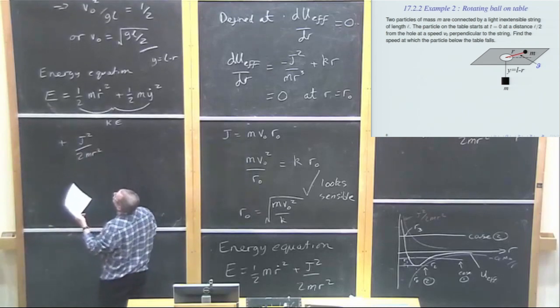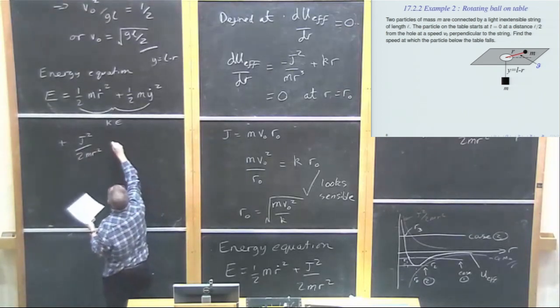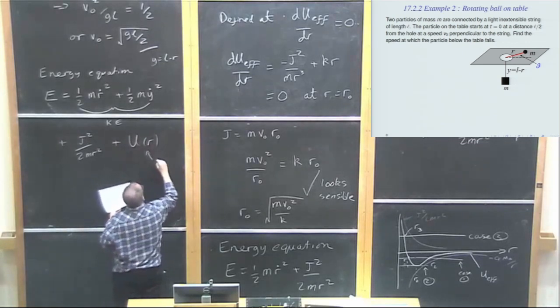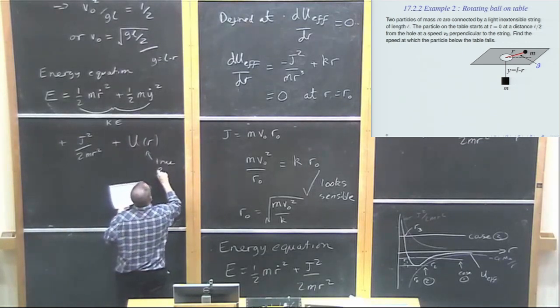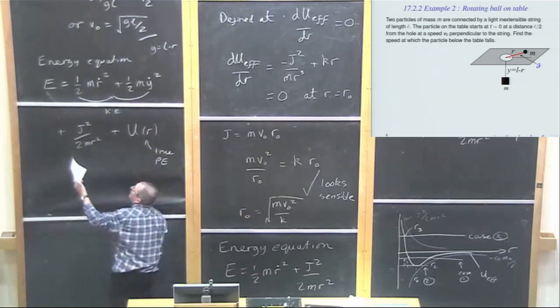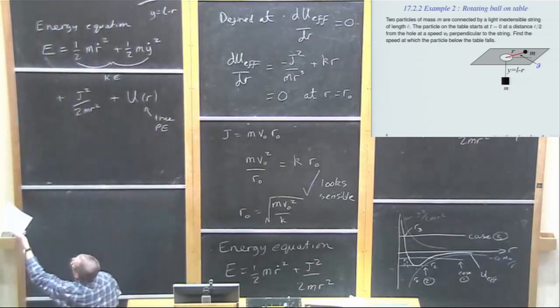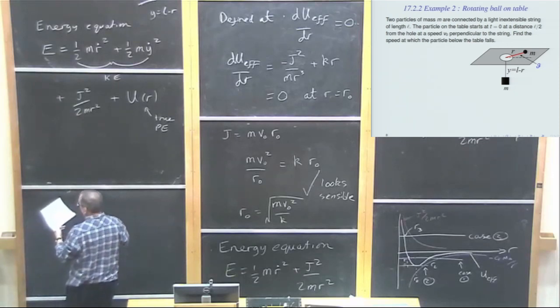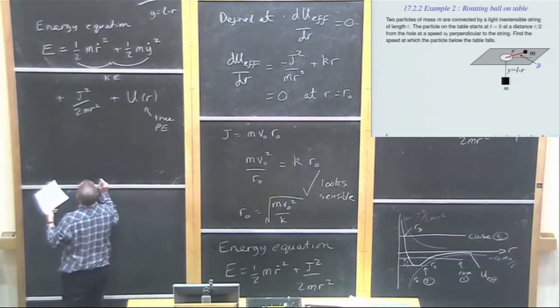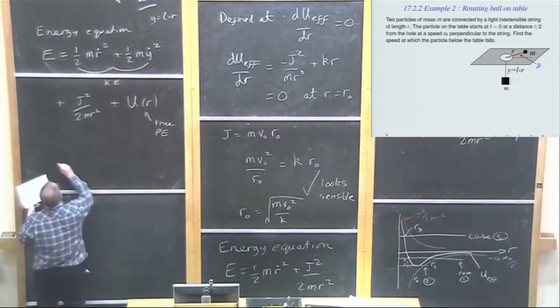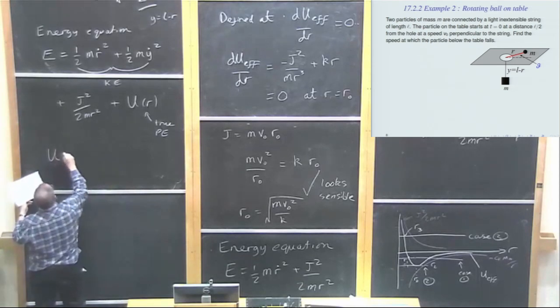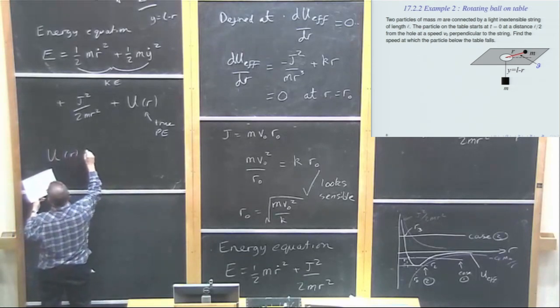And then there's the true potential energy. This is the true PE. And what is that? That is the potential energy associated with the height of the mass below the table. Okay, so let us say that this U of r is just to do with the height of that mass.